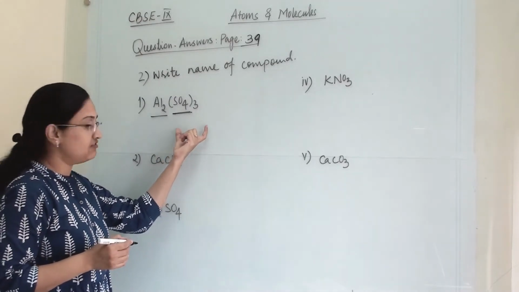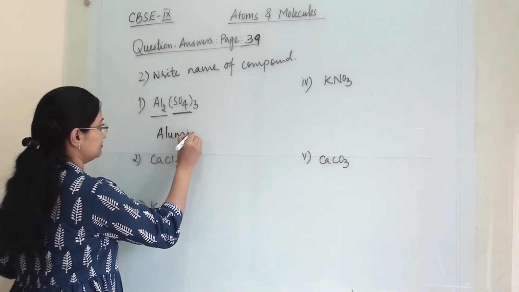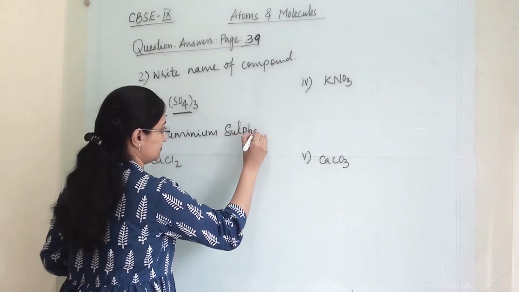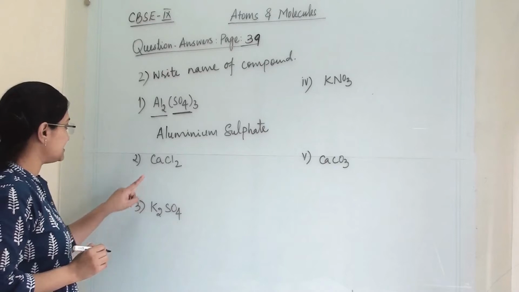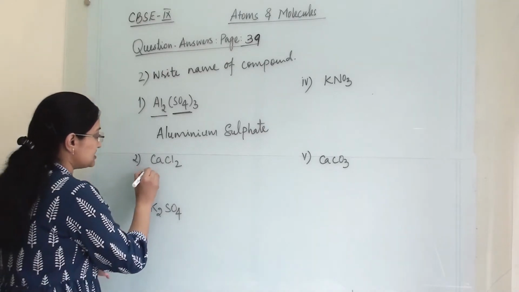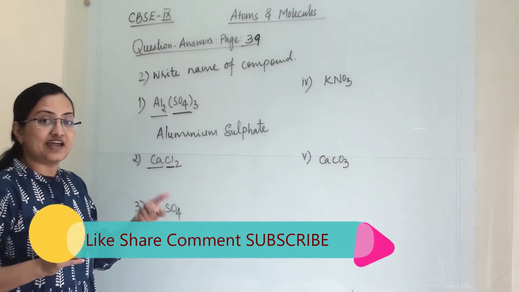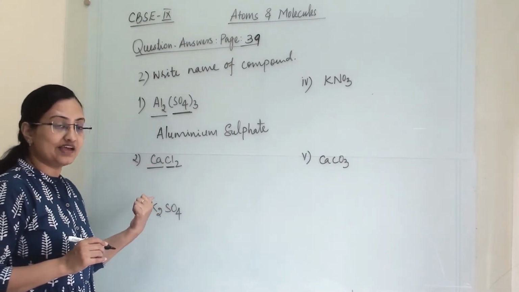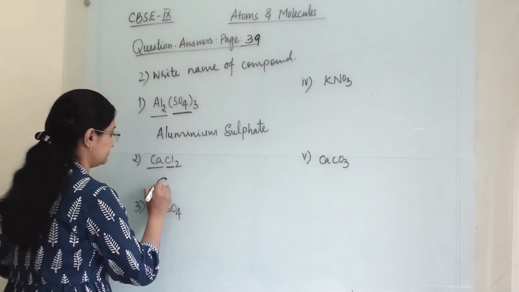SO4 is sulfate. So this is aluminium sulfate. Then second, this is calcium and this is chlorine. But when it is attached as a chloride ion, the name is calcium chloride.